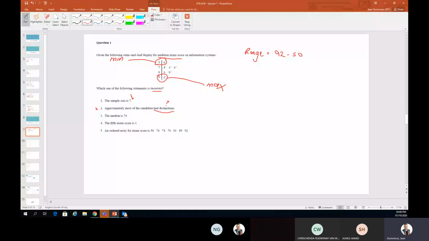The median is 76. The median is the number that is in the middle. Because we have 7 numbers, it is between numbers, so 1, 2, 3 on both sides, and it will be the number 4.